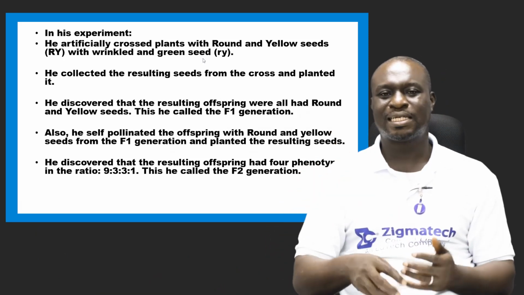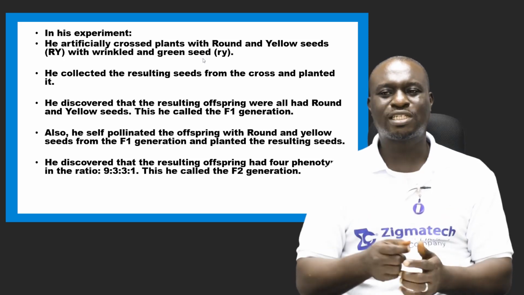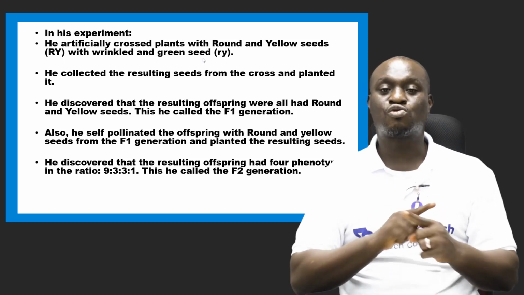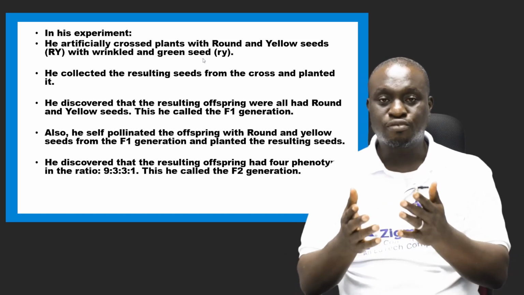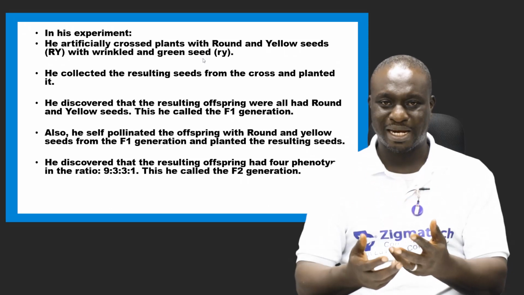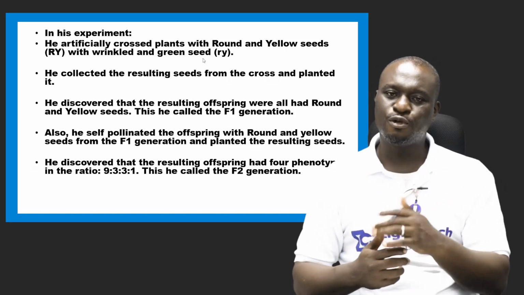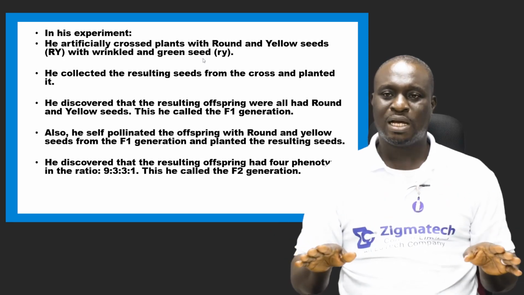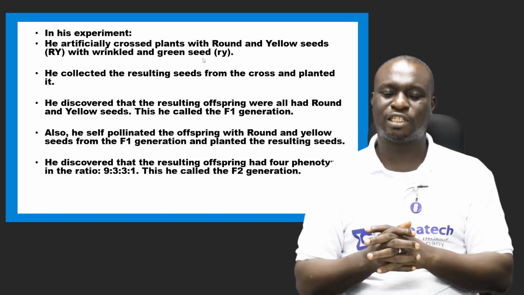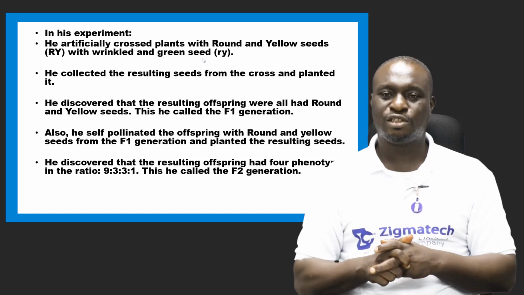When he planted them, he discovered that the resulting offspring were all round and yellow seeds. That was also a proof of complete what? Dominance. A proof of complete dominance. They were all round and yellow, and he called this the first filial generation.